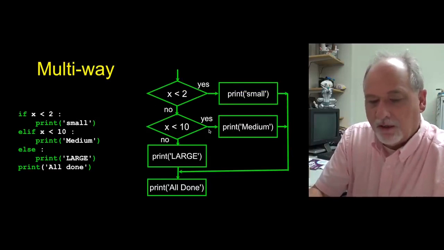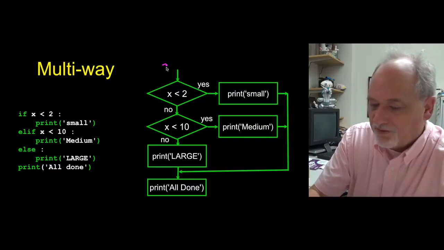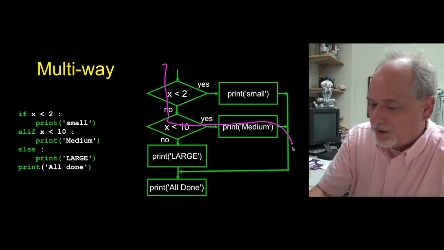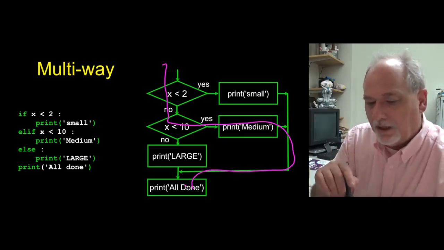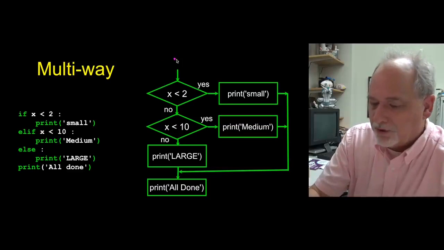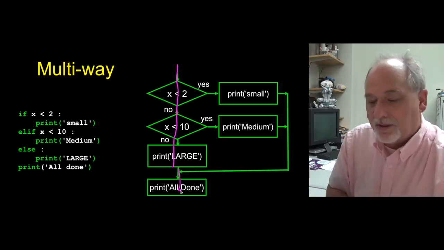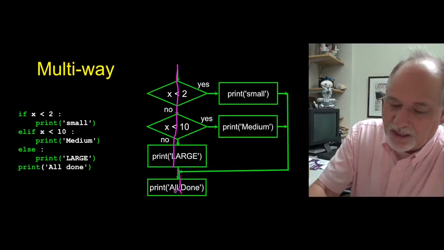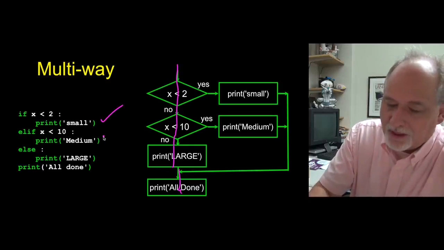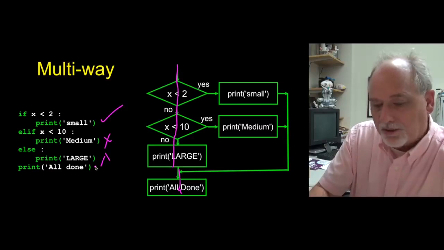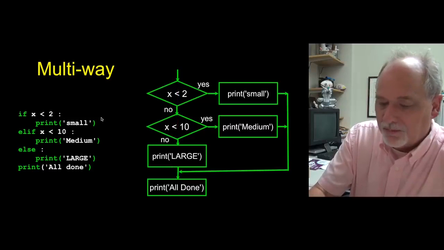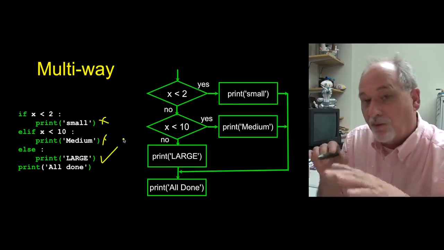If the first one is false and the second one is true, it runs this one and it's done. And if neither of them are true, it falls through, and there's an else clause that is otherwise, and it runs that. So basically, it's either going to run 1 and then skip the other 2, or it is going to skip 1, skip 2, and then run this one. But it only runs in this case 1 of them.